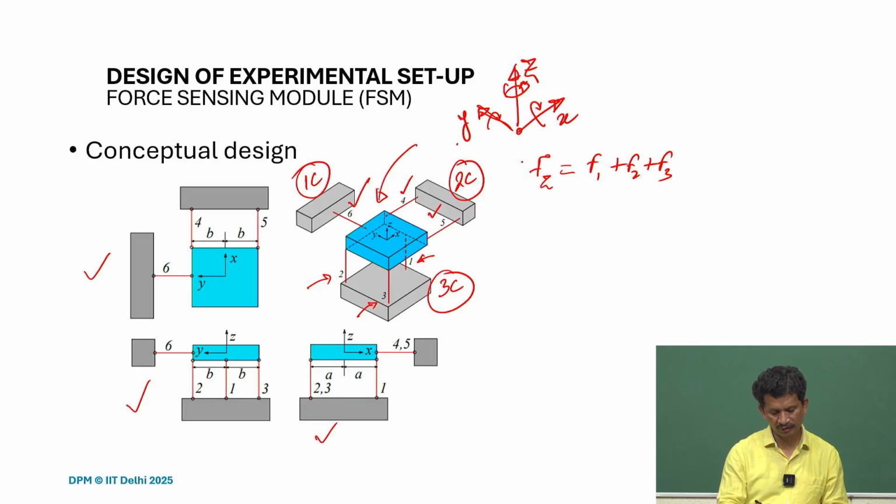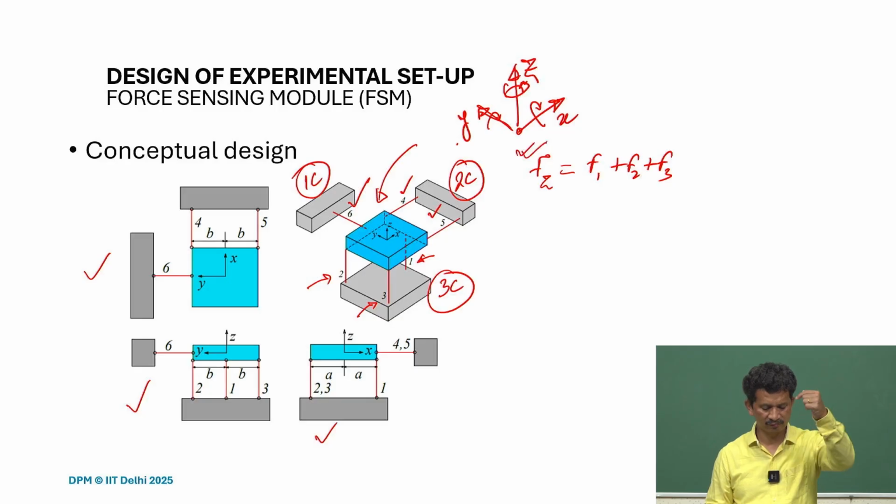So accordingly we can do here. If force is in z direction, which is positive z direction, it will be all tensile along 1, 2, 3. So if we are considering the tensile force in 1, 2, 3 as positive, then we can write in this way.